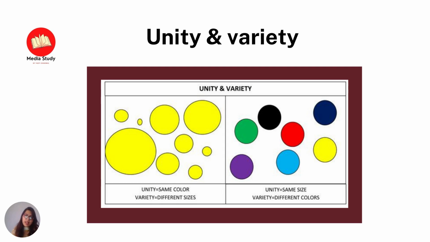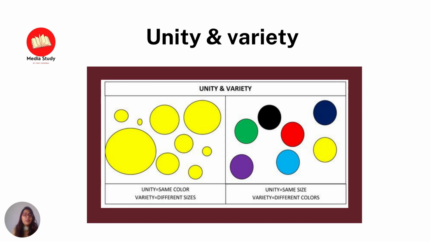We can simply understand that the principle of unity and variety tells us about the degree of agreement or variation. If we talk about the degree of agreement among the elements of a designing, that is related to principle of unity. While if we talk about the principle related to variety, then we are noticing variation in the visual theme, or we can see in the design, right?